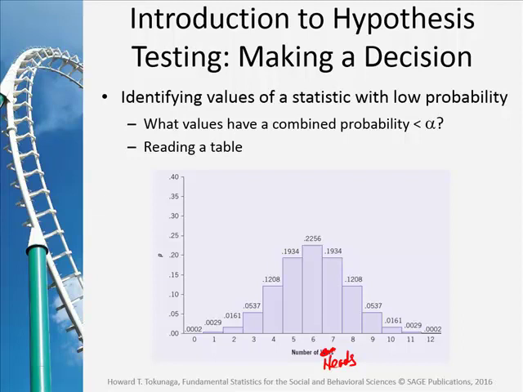What do you notice about this distribution in terms of shape and numbers and stuff? Is it symmetrical? How would I know if it's symmetrical or not? Okay, it's the same on each side. What numbers? These numbers?